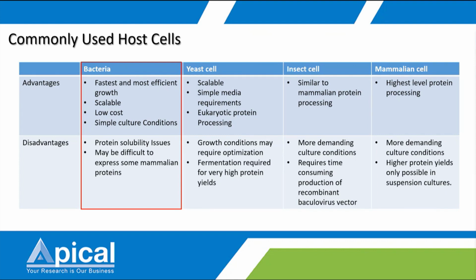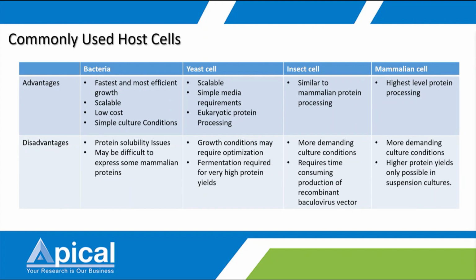The rest of the cells are less common to use, but one highlight is yeast cell. It is suitable for eukaryotic protein processing, but it's not easy to optimize the growth condition.